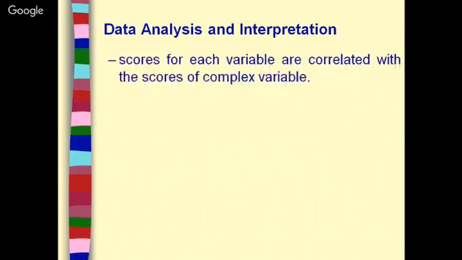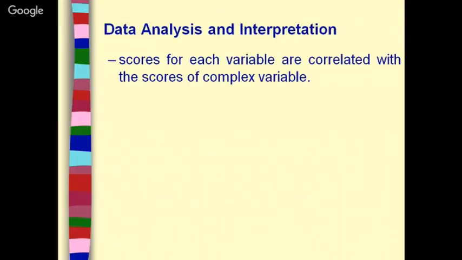After data collection, we go for data analysis and interpretation of the scores. Now you have two sets of scores for each variable, say the score on the aptitude test and the score on academic achievement. I find the correlation between the two.